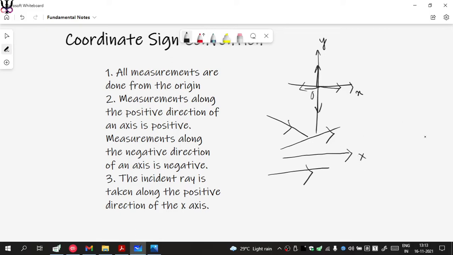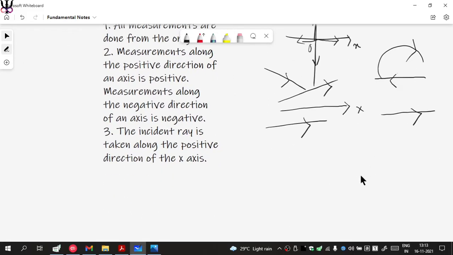It cannot be taken like this. Whenever the incident ray is going backwards with respect to the x-axis, you have to invert it, and your diagram should indicate that the incident ray goes along the positive direction of the x-axis. That is what the third point means. I will show how these things get applied in the process of derivation, but there are 3 points that you need to remember. For now, that's the coordinate sign convention.